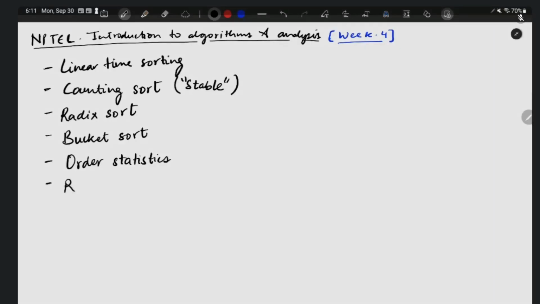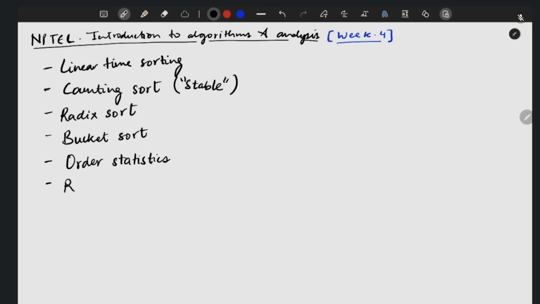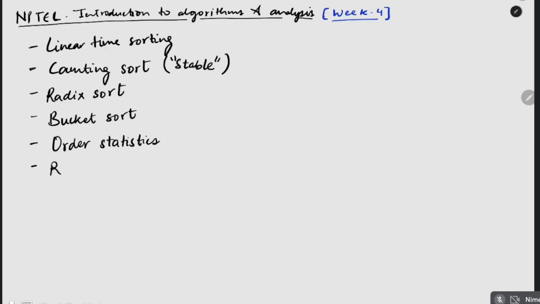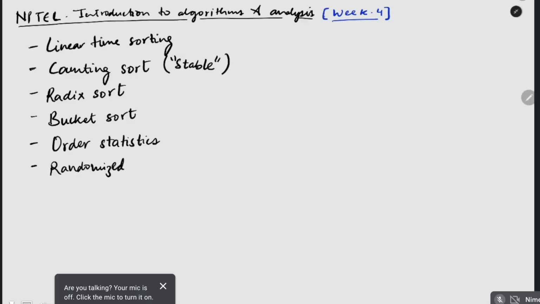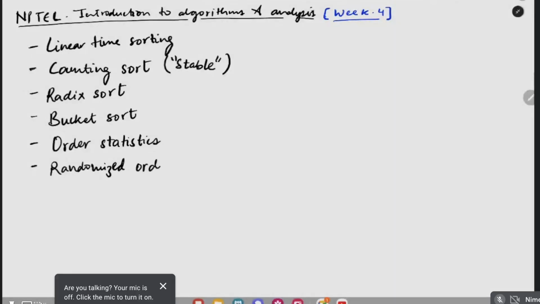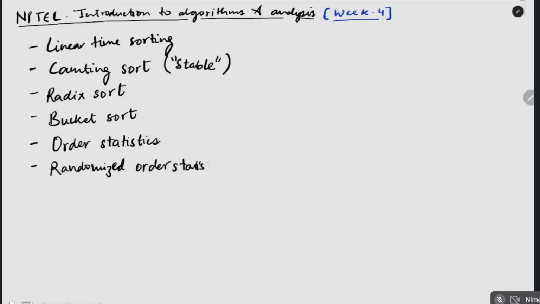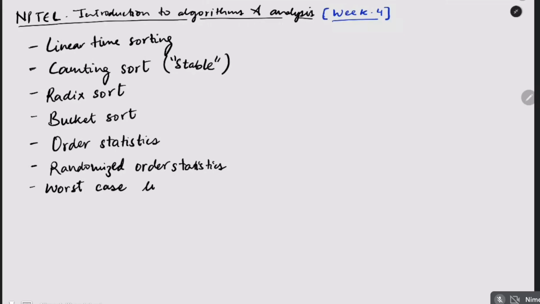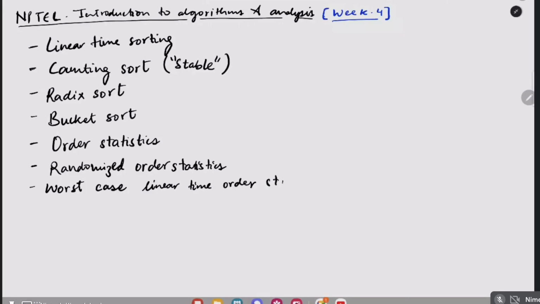And then followed by randomized order statistics, and followed by worst case linear time order statistics, right?